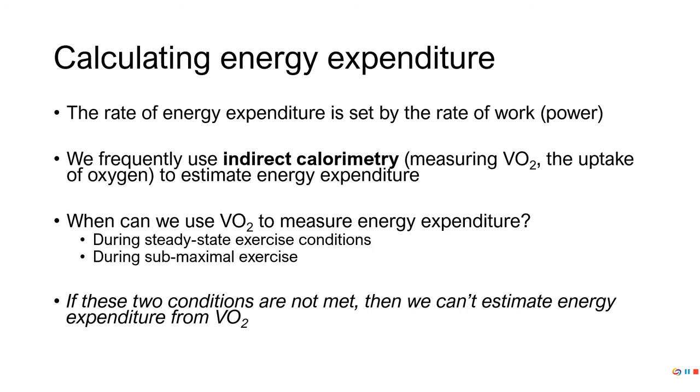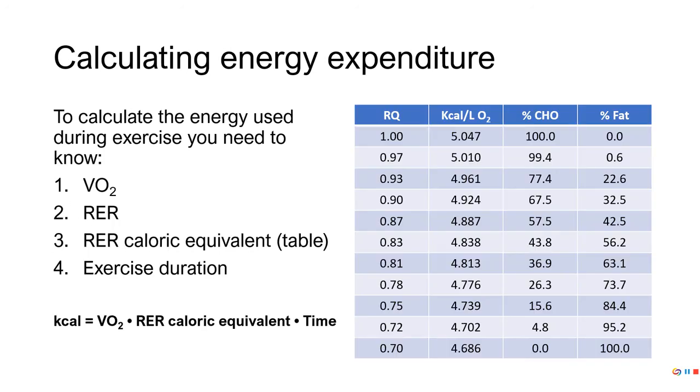And so like I said earlier, as we went through this, if you want to calculate the energy you're using, you need to know the following things. So your VO2, your RER, and you need to have a table, and then how long is your exercise. Okay, and so the formula is just this. If I were to have you use this formula or this table, I would give you the equation so you don't have to worry about memorizing the table or the equation.